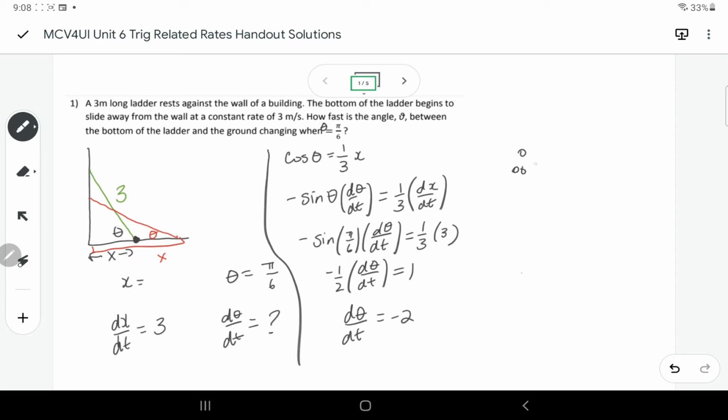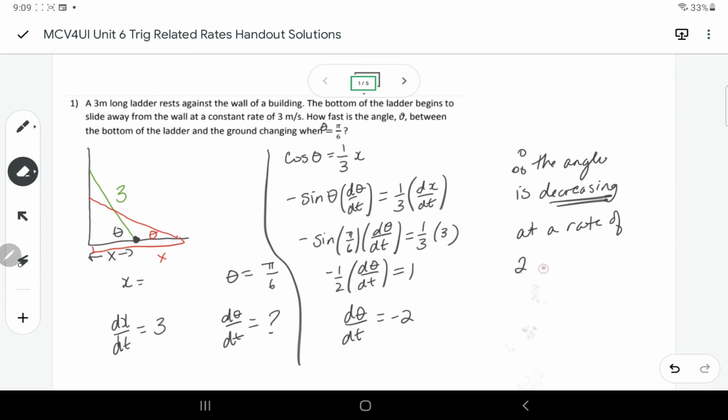So therefore, the angle is decreasing. Note that it's decreasing at a rate of 2, I almost put meters per second, but it's not, it's radians per second when it's pi over 6 radians as your angle.